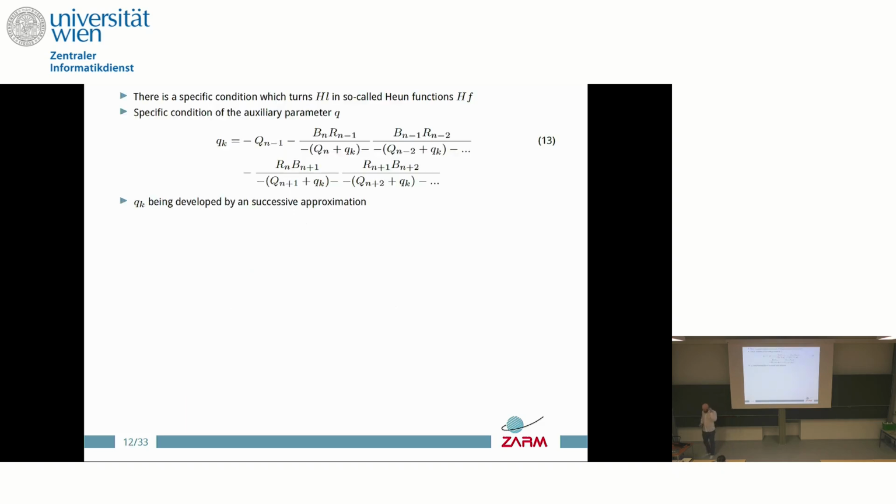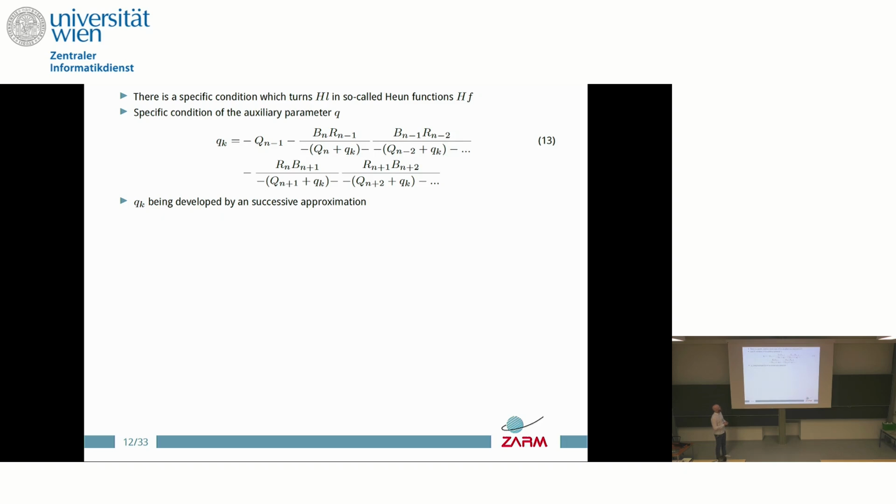We can turn local Heun functions into so-called Heun functions, HF. And this is done by a specific derivation of the auxiliary parameter K. And this auxiliary parameter K, when it's fulfilling this equation here, then you can turn local Heun functions into Heun functions. Note that the notation used here is showing, in principle, continued fractions.